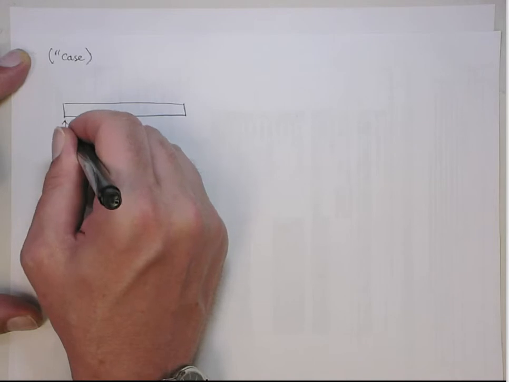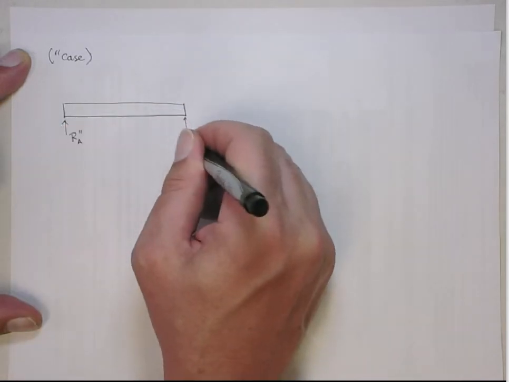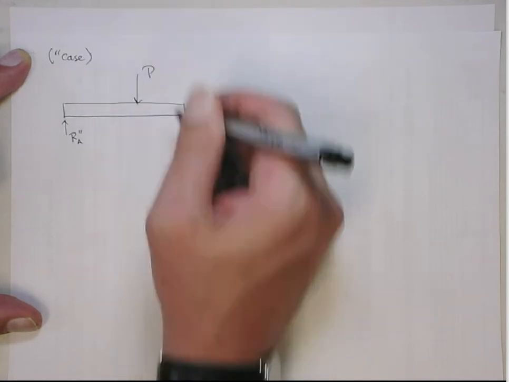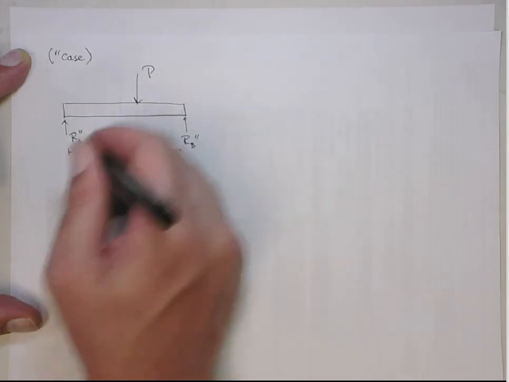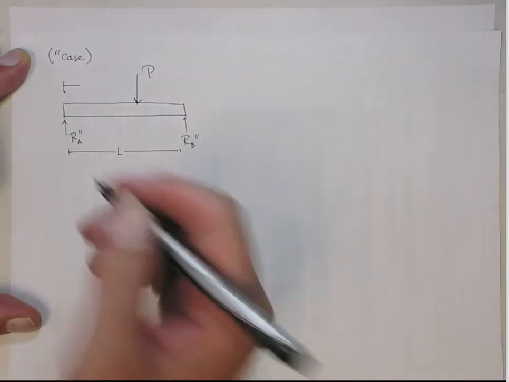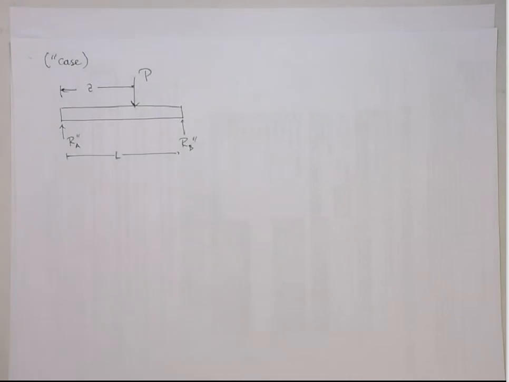Here we have RA double prime, RB double prime, and then we just have the point force P. This distance here is L, and this distance here is A, I believe, right? A, yeah, A to the point force. Okay.